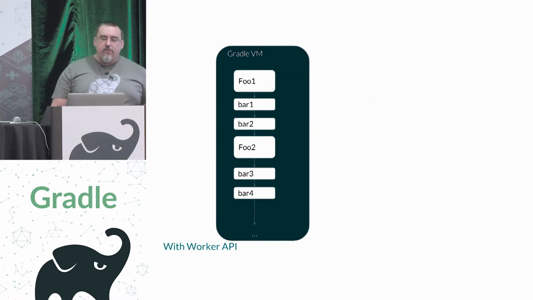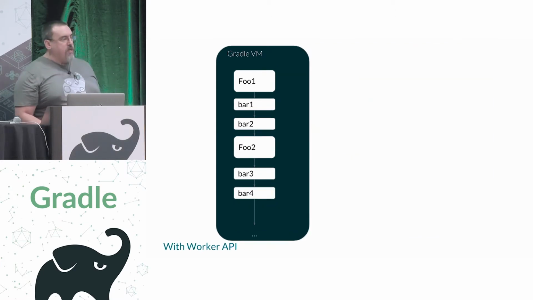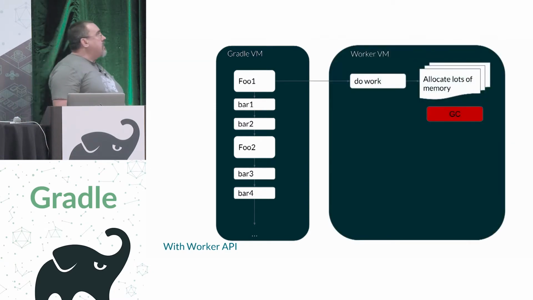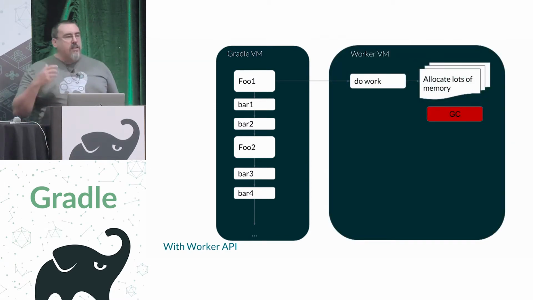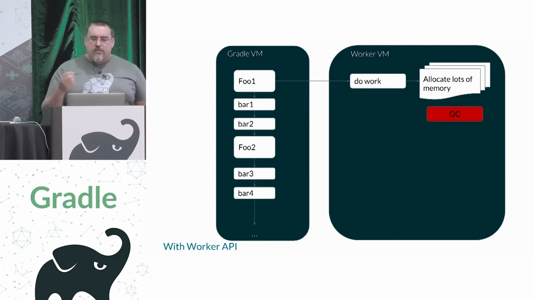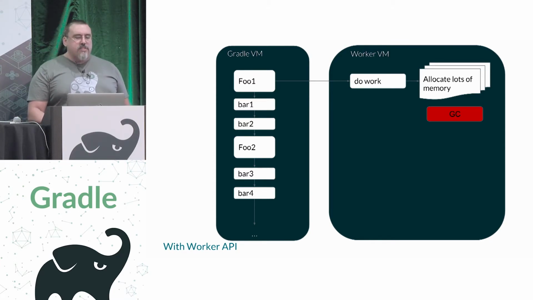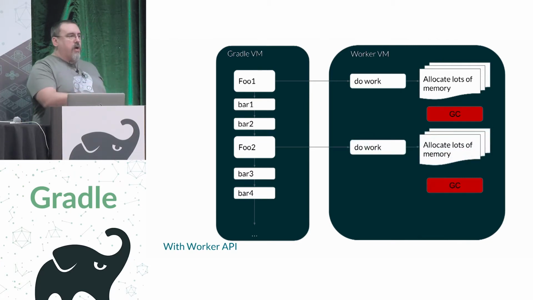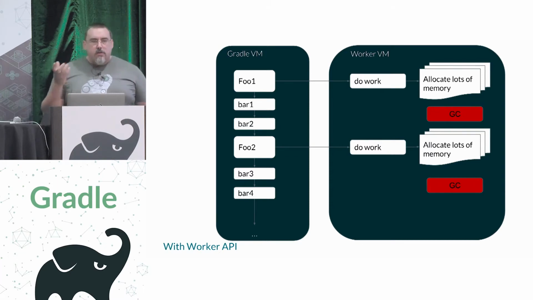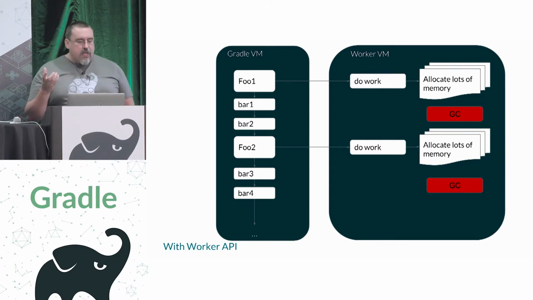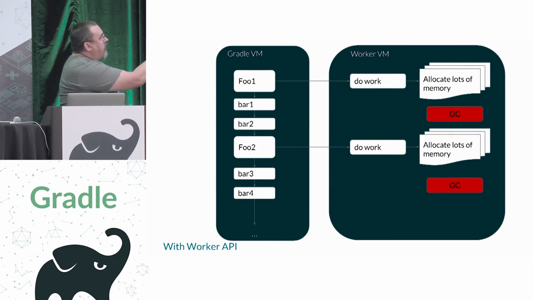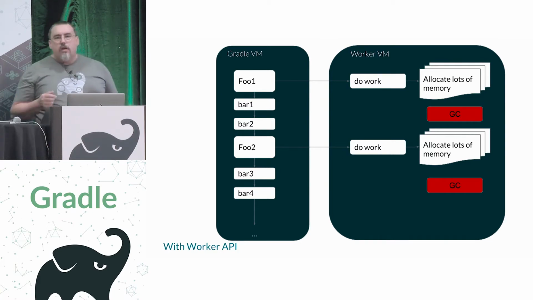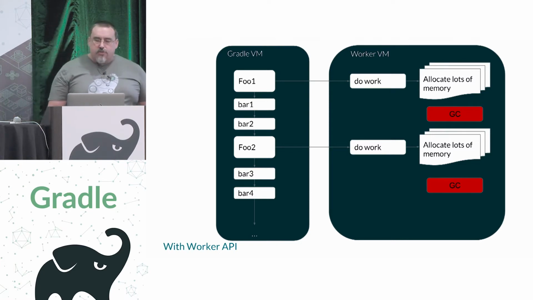On the other hand, if I use a worker VM, or a worker daemon, I'm going to spawn a new VM, I do the work out there, I allocate memory. I have the same problem in the sense that garbage collection is kicking in, but this is isolated to this worker VM process. Meanwhile, in my Gradle build, I can have a much smaller heap size, and while this garbage collection is going on in the worker VM, I can still be running other tasks, which maybe are much more lightweight, much easier to run.